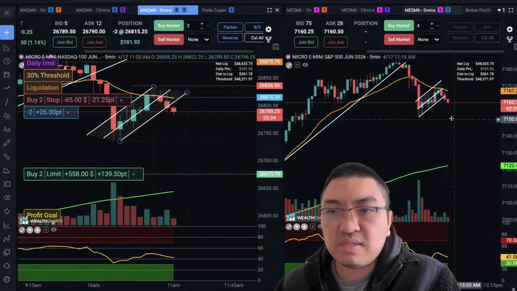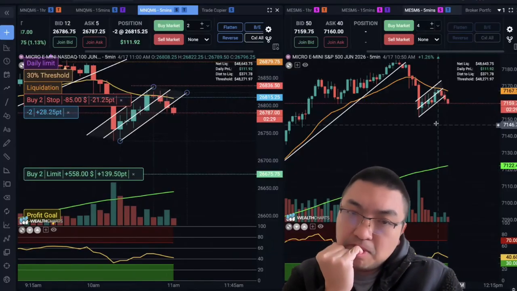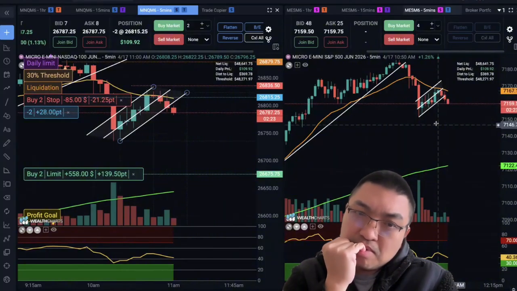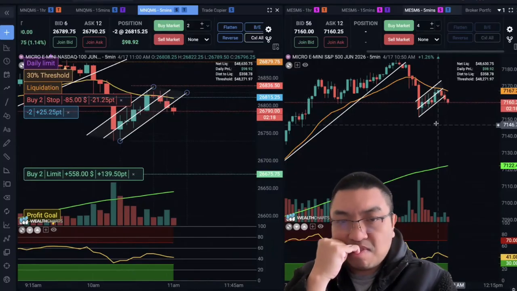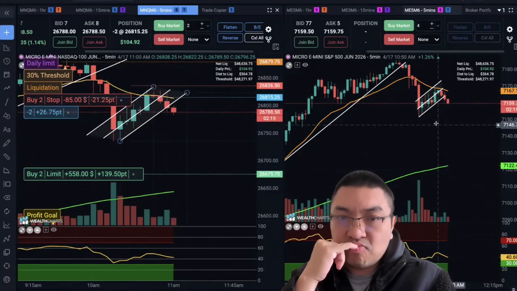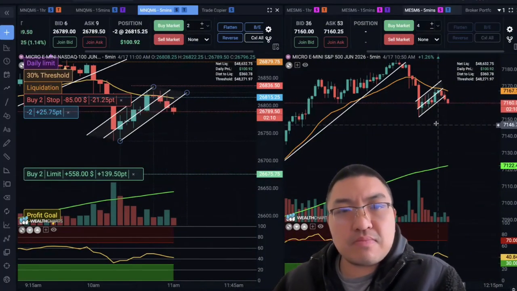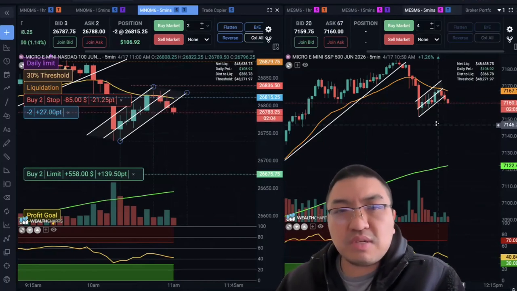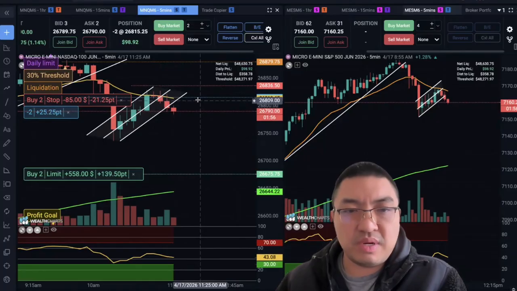Now he leaves this. Then I think after the compression of this candle, it reaches around here, then I can move my stop loss, trailing stop somewhere here.